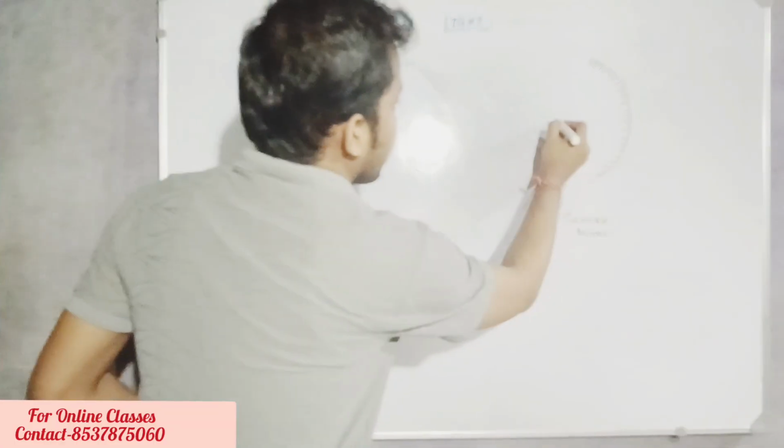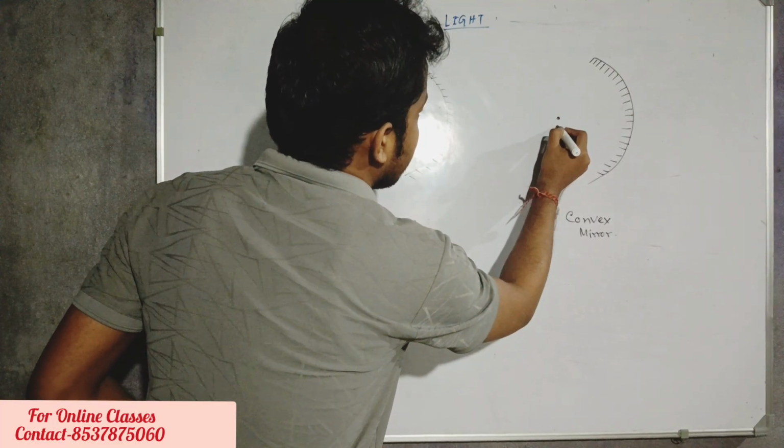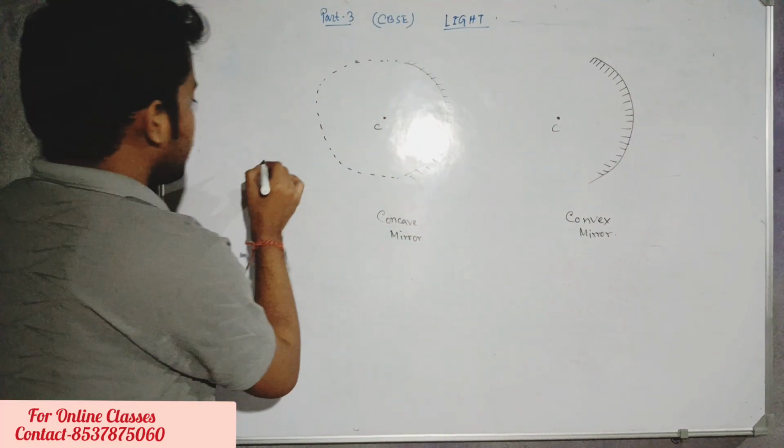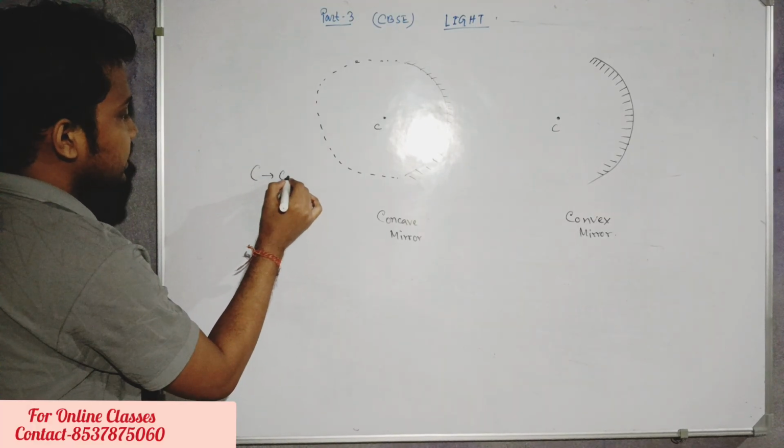So for concave mirror and convex mirror, that one will be the center of curvature. So we can write C as center of curvature.